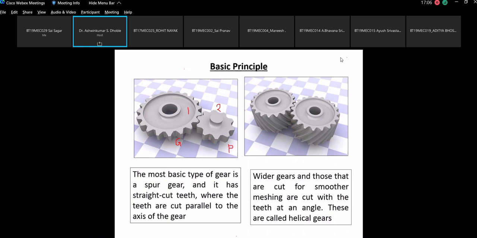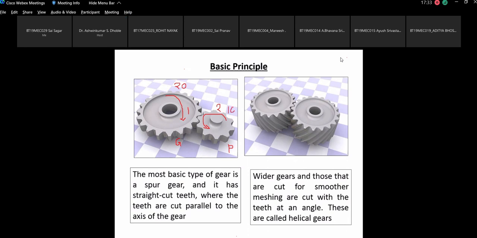Now suppose this is rotating clockwise. So this gear will rotate anti-clockwise. Is that okay? Yes, opposite. Now Saurabh, let us say this gear has 20 teeth and this gear has 10 teeth.